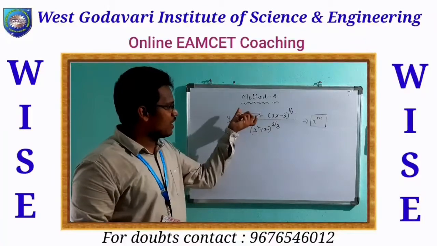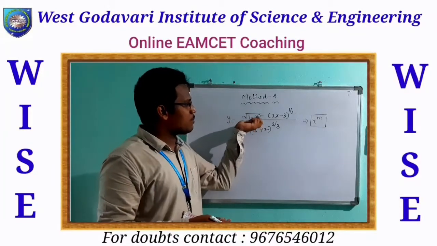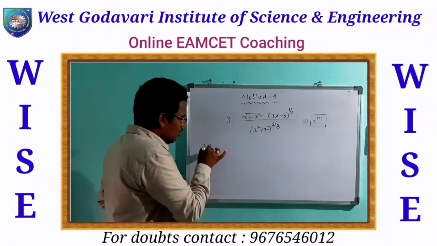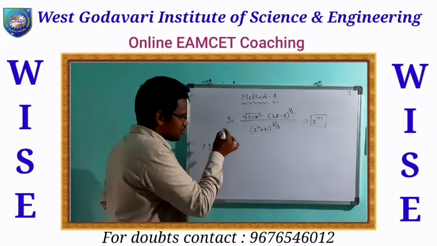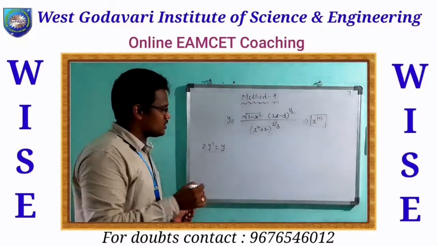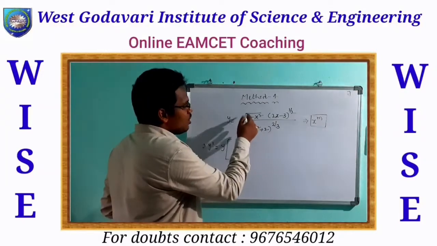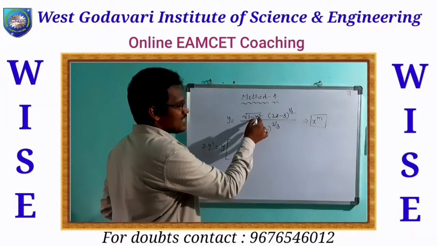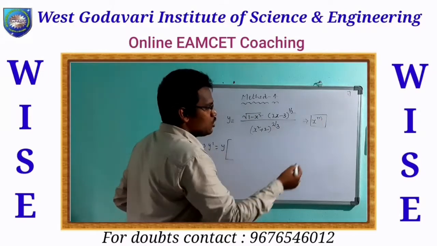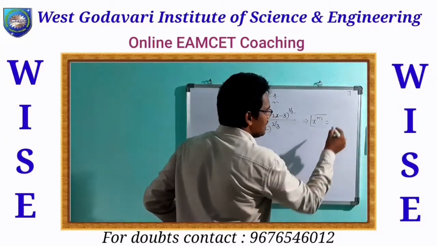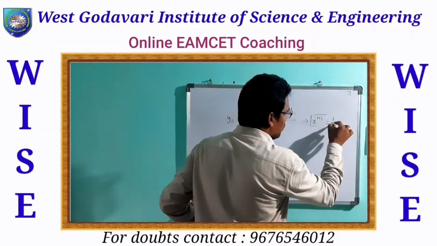First of all, I will explain the square root of 1 minus x square term. So for this, y dash is equal to y into, the first term is (1 minus x square) whole to the power of 1 by 2. The differentiation of this is x power m where m is 1 by 2.